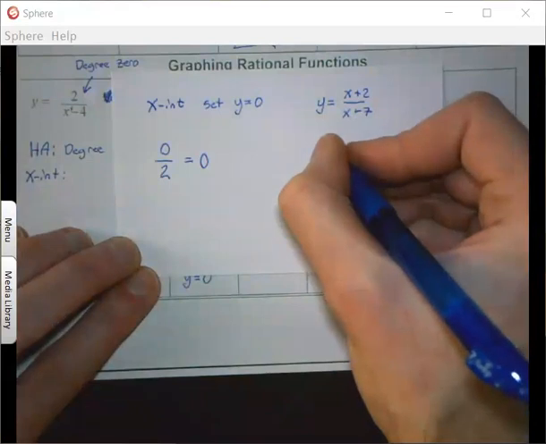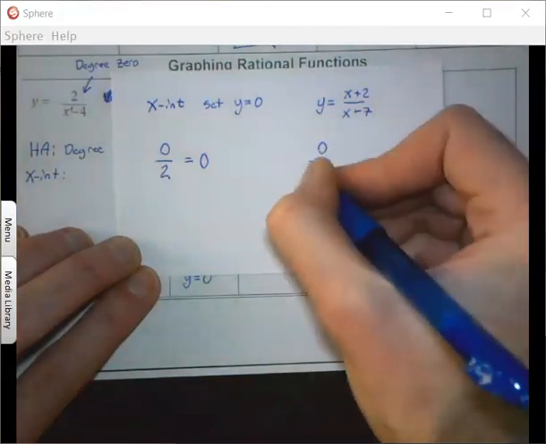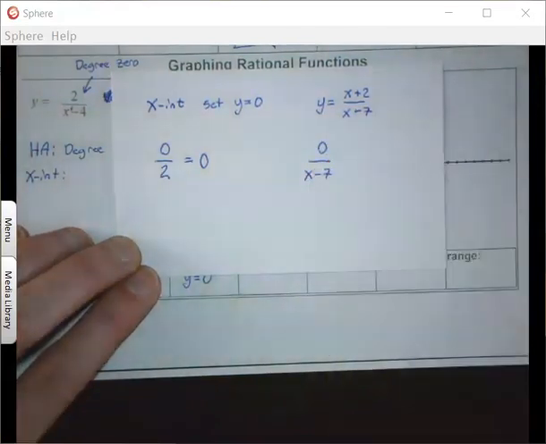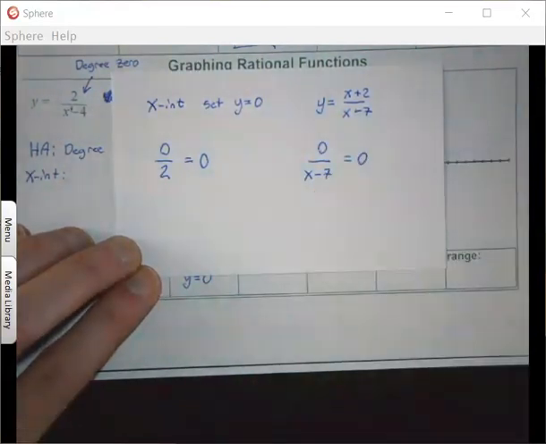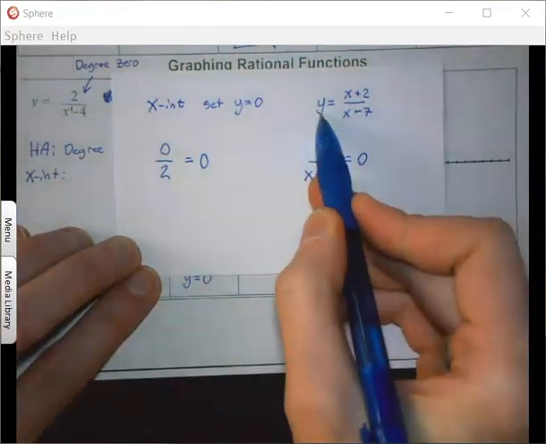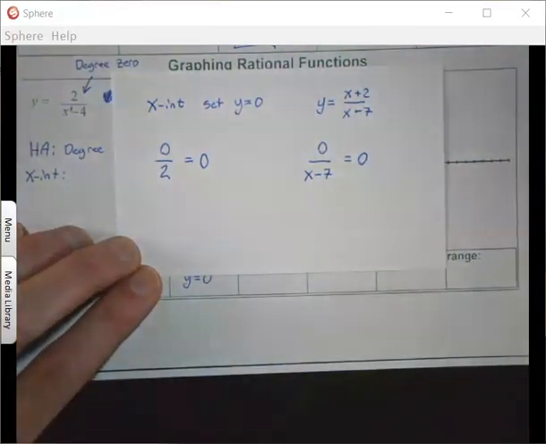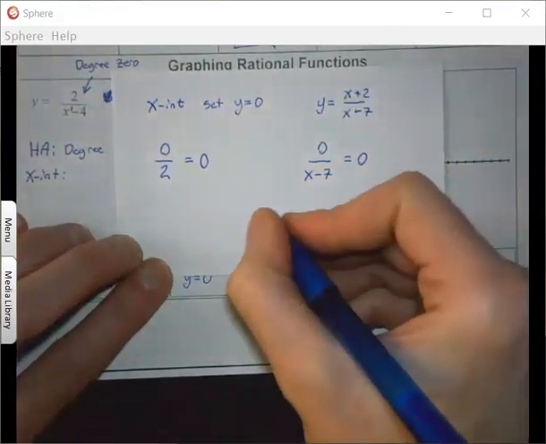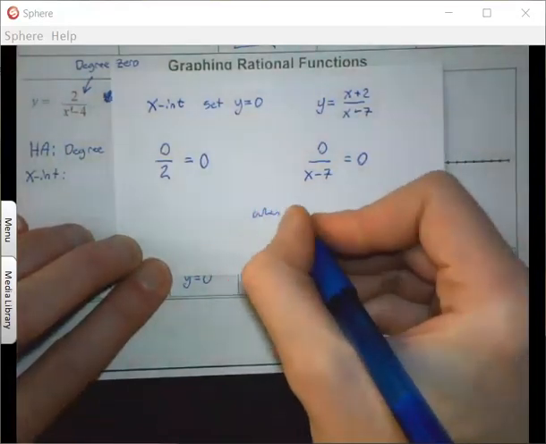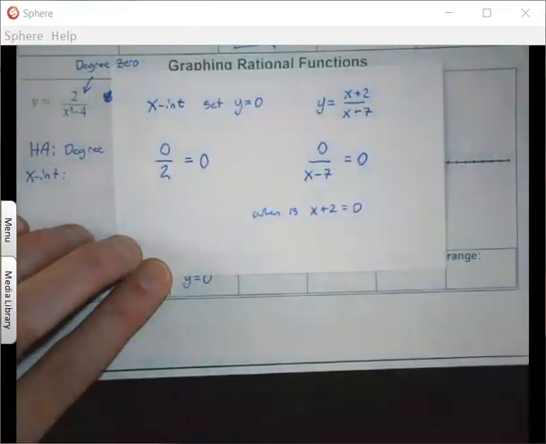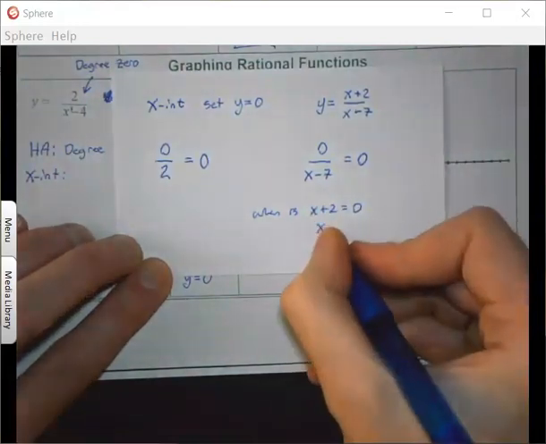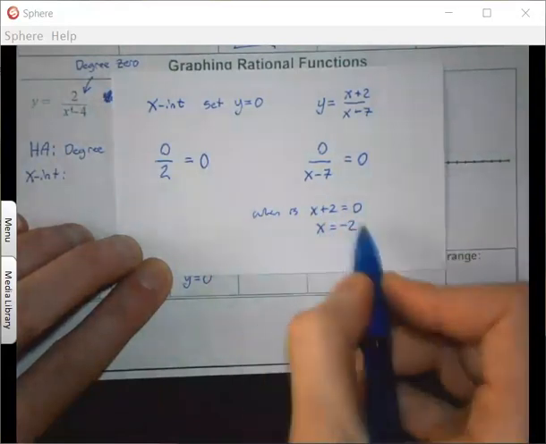So another way to say it is 0 over x minus 7. 0 divided by a number is 0. So as long as your numerator is 0, you will get 0. So we could also just say, well, when is x plus 2 equal to 0? When is the numerator equal to 0? When x is negative 2.